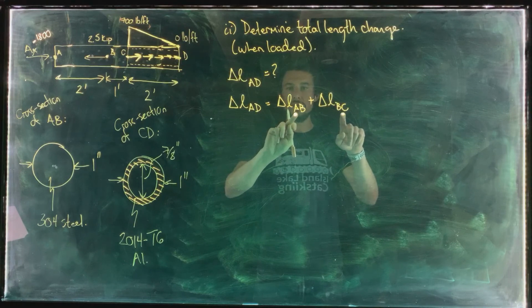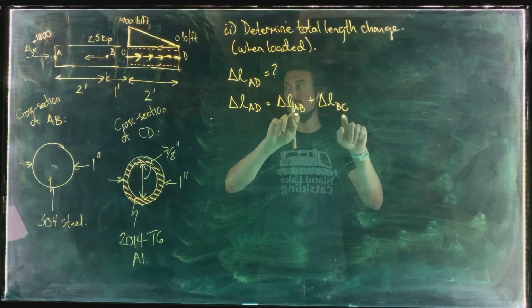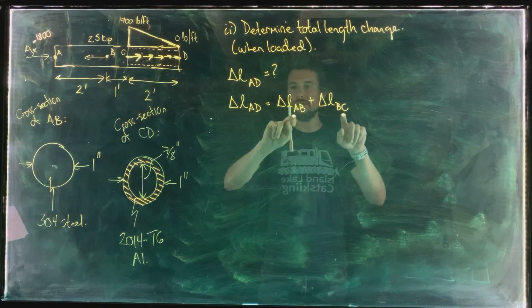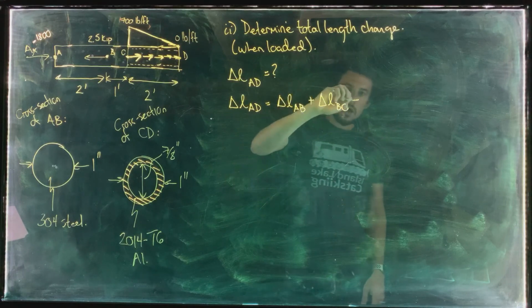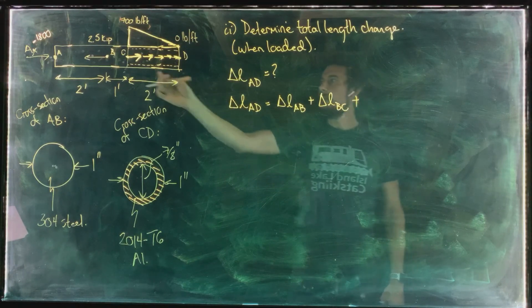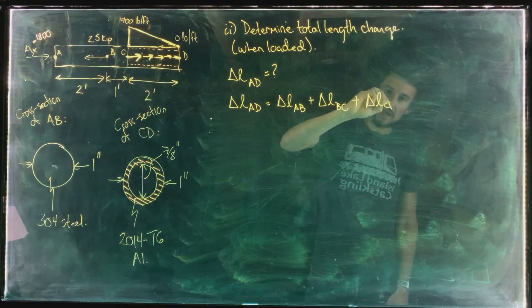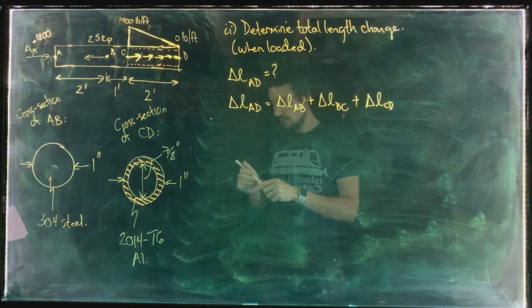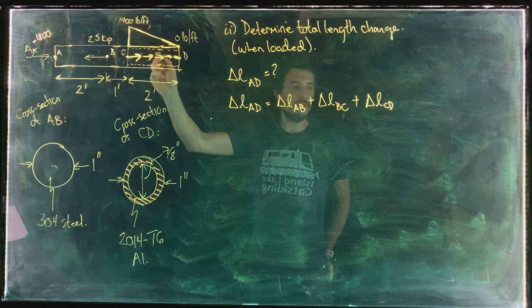Well, because we already know that the internal normal force in segment AB is different than the internal normal force in BC. Right? So when the internal normal force changes, you need to sum those up. And then we've got the length change from C to D, delta L_CD. And in that segment, the internal normal force is changing in a continuous manner.